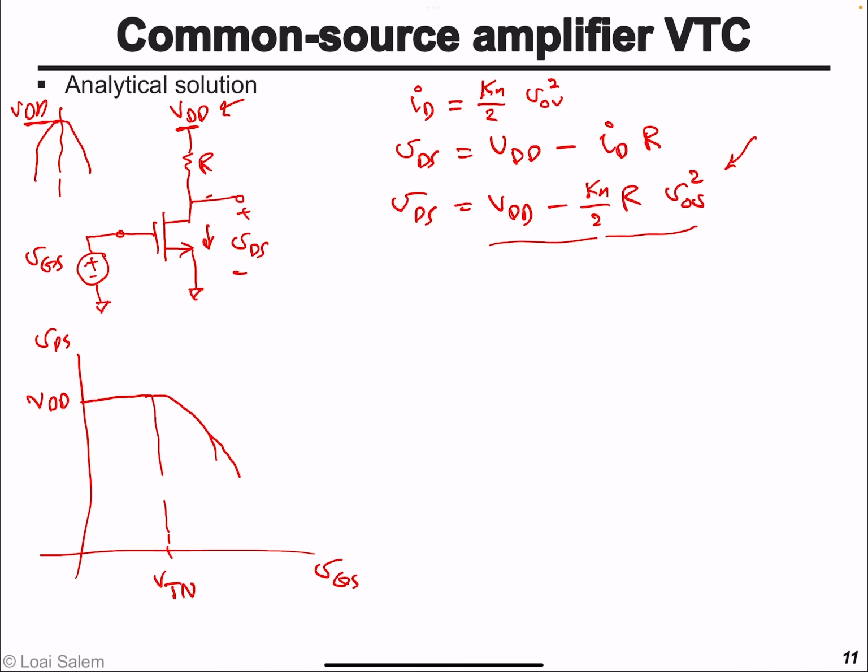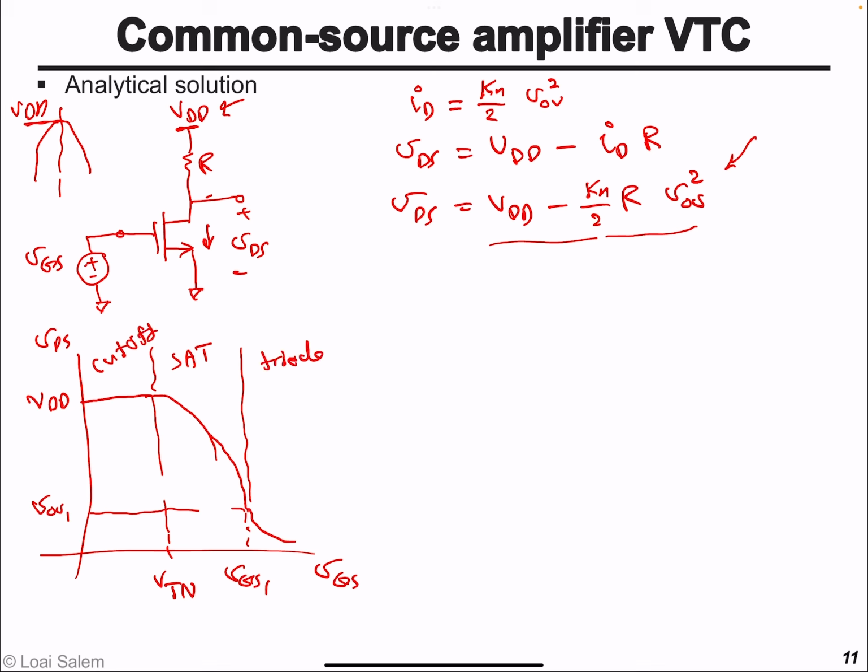It goes downward until the transistor enters the triode region, when the drain to source voltage becomes equal to the overdrive voltage. Let's call this VOV1, and this happens at the VGS1 value, and then it enters the triode region. So this is saturation, this is cutoff, and this is triode.